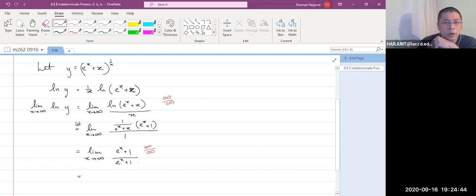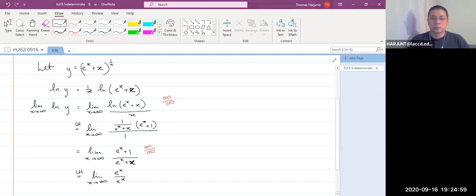Oh, I'm sorry, over this is x here. Sorry. I apply another L'Hopital rule. I cannot simplify that anymore. So I apply another L'Hopital rule. I get e to the x over e to the x plus 1.